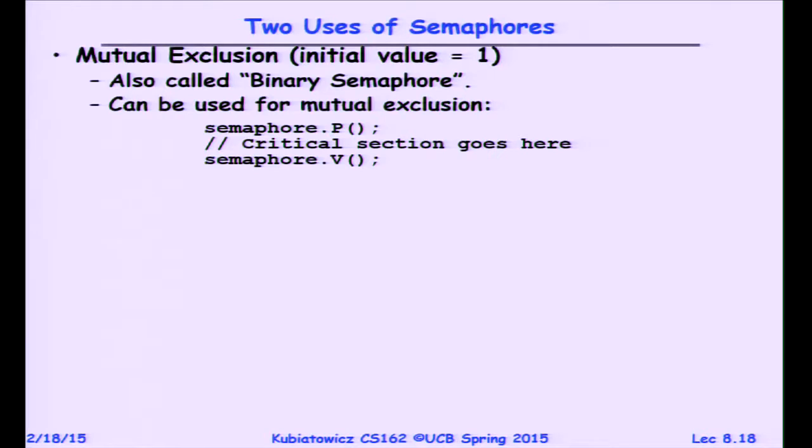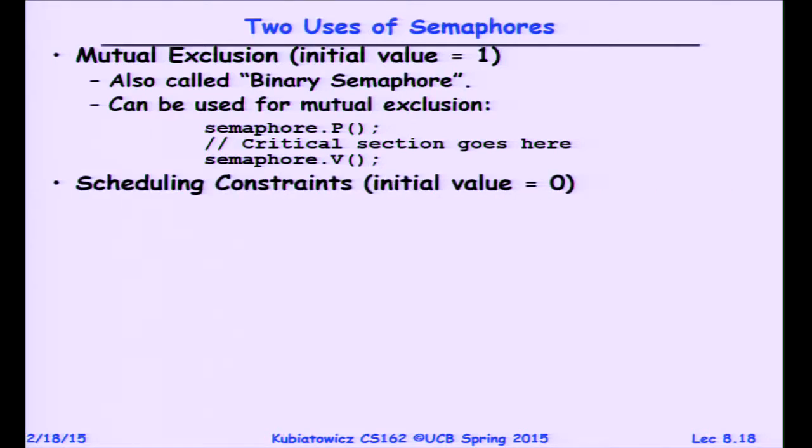This is very much like a lock, because I enter the critical section by doing a P operation and I exit by doing a V. If 2 folks try to do P at the same time, it's exactly like trying to do 2 acquires. One of them will wait, the other one gets to go through. As soon as I do the V operation, the one that's waiting wakes up and goes through again and acquires the lock.